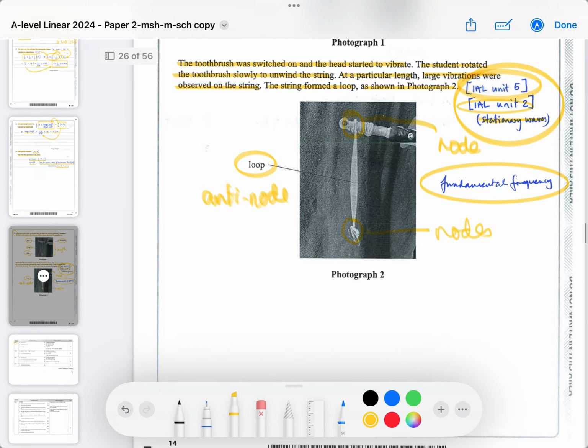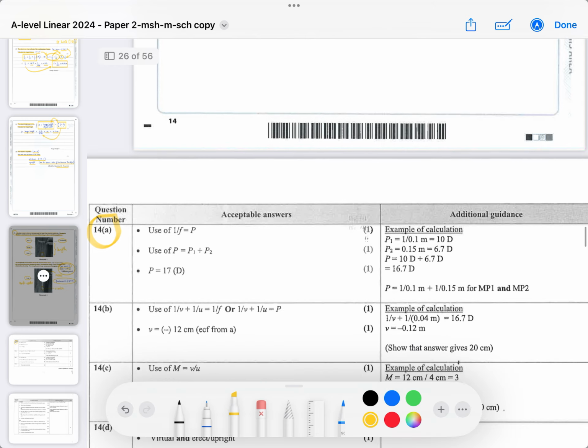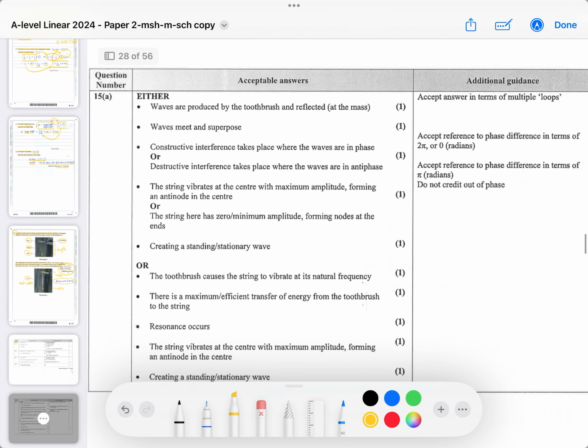It looks like question 15 is talking about how standing waves are set up: waves are produced by the toothbrush vibrating, and then reflected at the other end where the mass is, and then the waves meet and superpose, and you get constructive interference at the antinode because the wave and the reflected wave are in phase. The rest of it will come back to these two points.